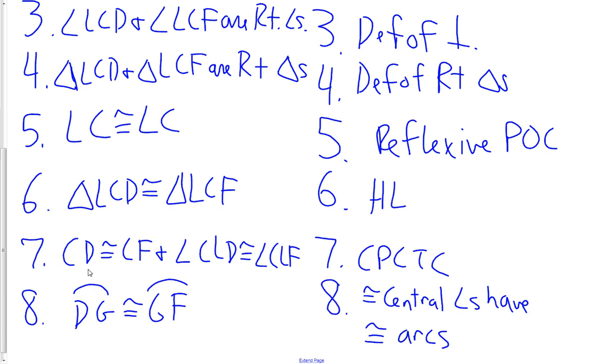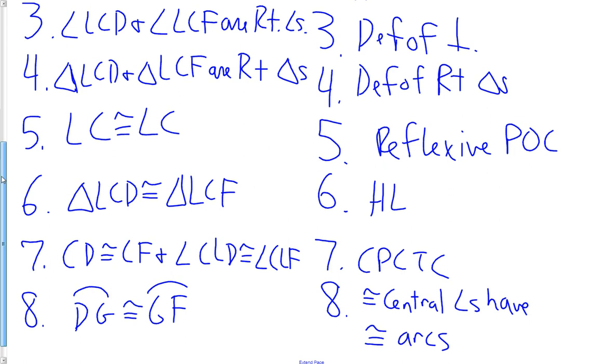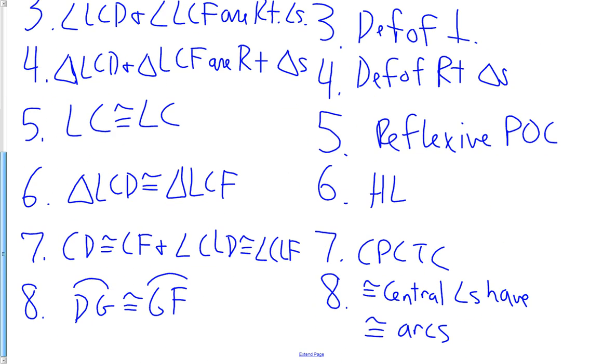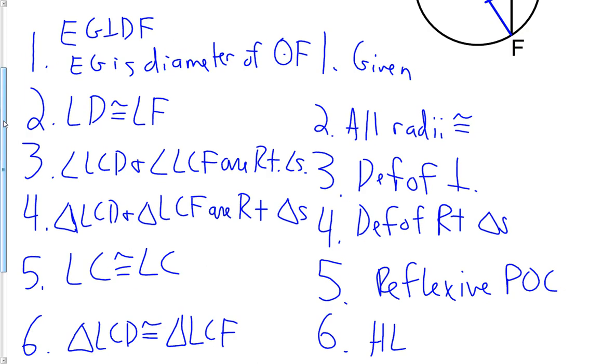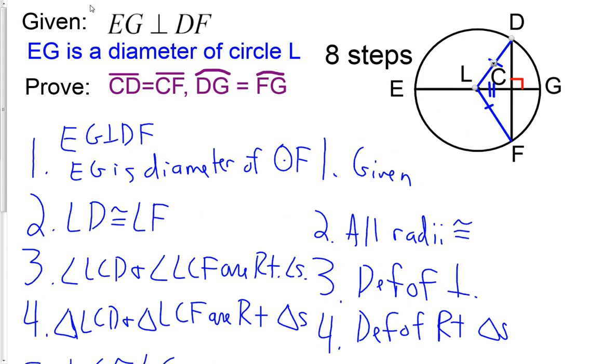And then after that, this is kind of where it gets a little bit weird. The CPCTC, we're grabbing, this is part of what we needed to prove, CD and CF congruent. The next part is we need the angles on the inside, the central angles, right? These 2 angles right here. Let me mark with a different color here so it stands out a little bit. These angles here are congruent and therefore the arcs will be congruent, right?